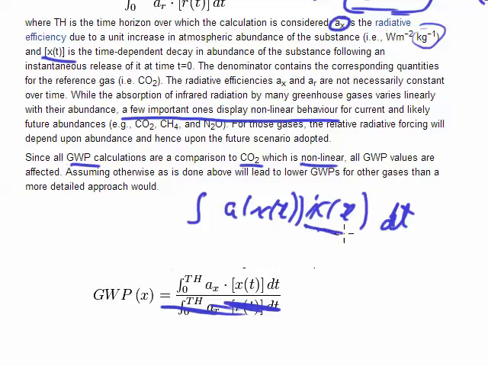We need this x of t, which tells us the abundance of the thing, and we need this A of x, which tells us the nonlinear radiative efficiency, and that radiative efficiency is also going to be a function of all of the other gases that are present, because if it's the only gas present that is absorbing radiation in a certain range, then it's going to have a lot more effect than if it is one of many gases that absorbs radiation in that range.